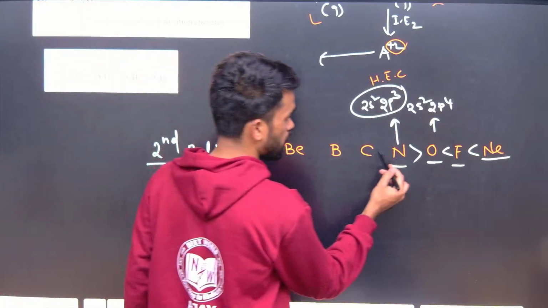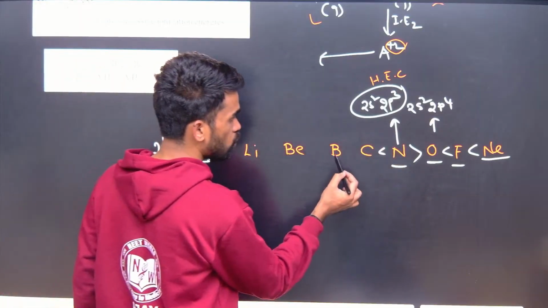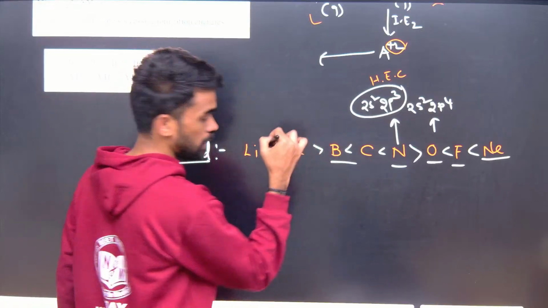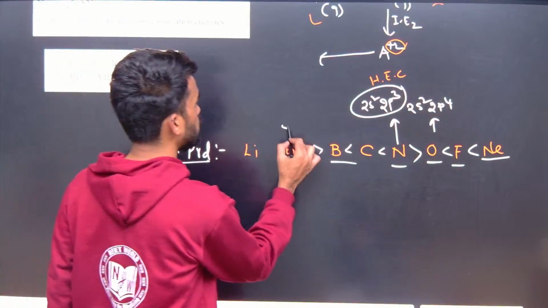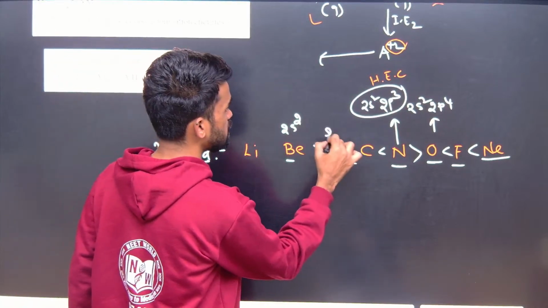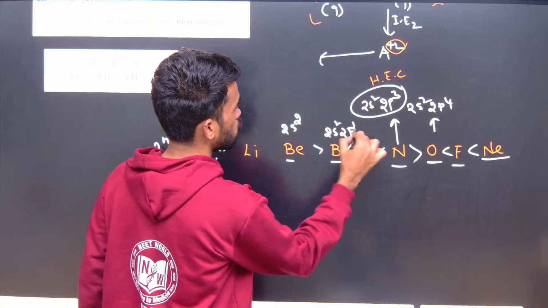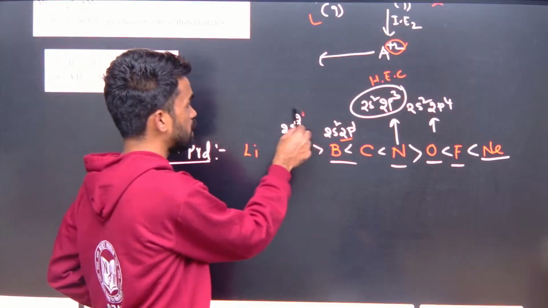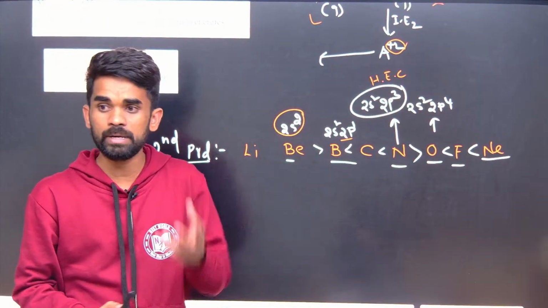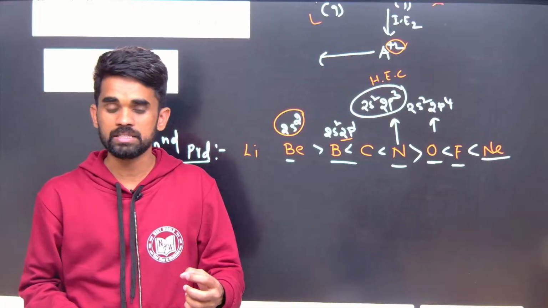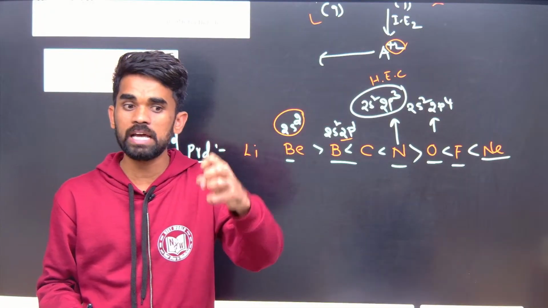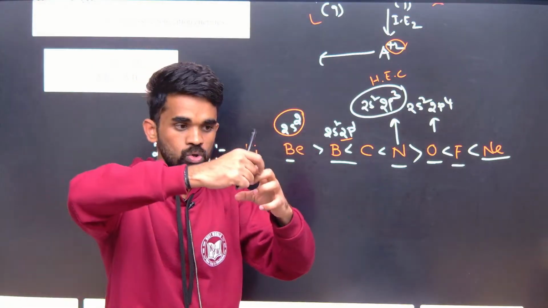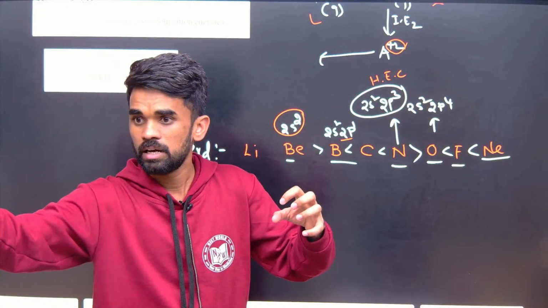So between boron and carbon, between beryllium and boron, beryllium is more. Why beryllium? It has 2s2 electronic configuration. This is 2s2 2p1. So removal of an electron from this p orbital is easy when we compare it with the s orbital, because the s orbital is closer to the nucleus. If it is closer to the nucleus, electrons in that orbital will be strongly bound to the nucleus, so removing that electron requires high energy.